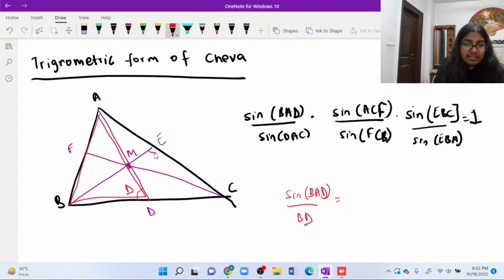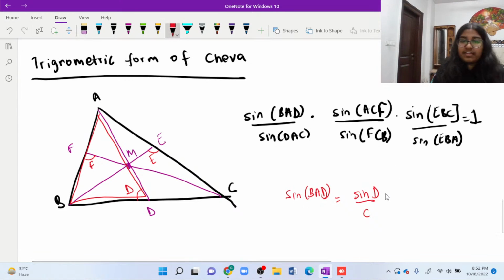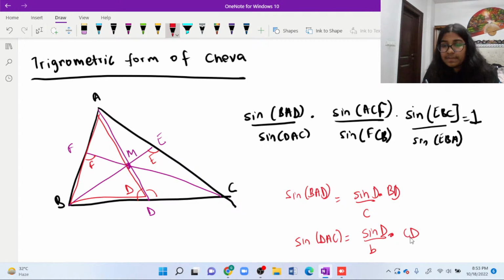Let this angle be D, this angle be E, and this angle be F. So that is sine D by AB, which is just C. So we can write sine BAD as BD times sine D by C. And similarly, sine DAC equals, this is just 180 minus D, so sine of that is still D. Sine D by, instead of C, now it will be B, and instead of BD, it will be CD.